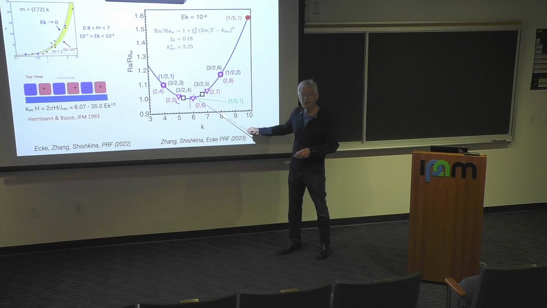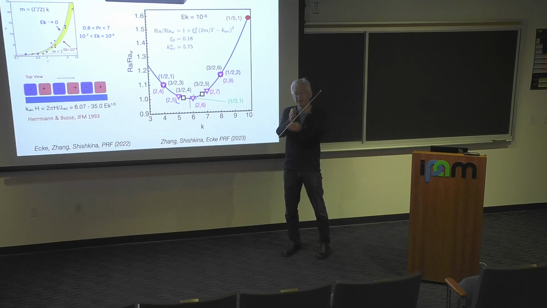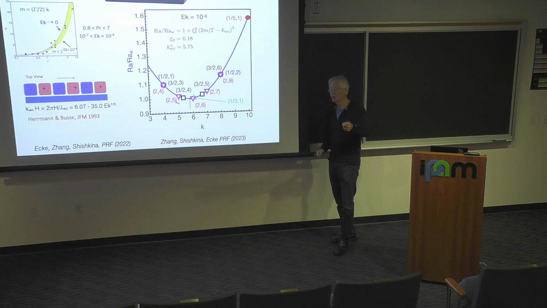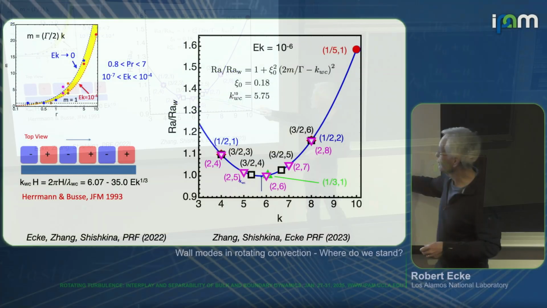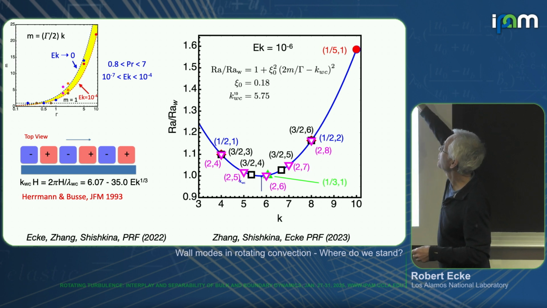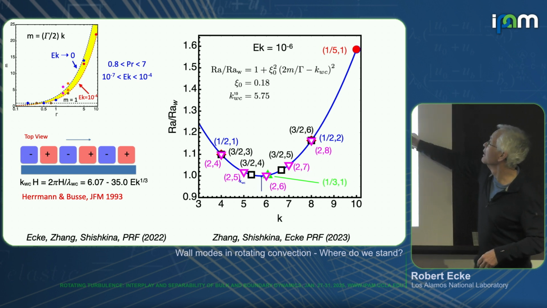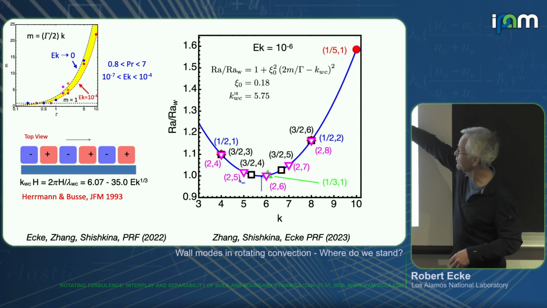So if you look at the shape of the marginal stability curve, it's a little curvature at the bottom, but it's scaling one way with k squared and the other way with k to the minus 2. That would actually be useful because, as I'll show you, if you go to very small cylinders, the onset of heat transport gets reduced by almost a factor of 2.